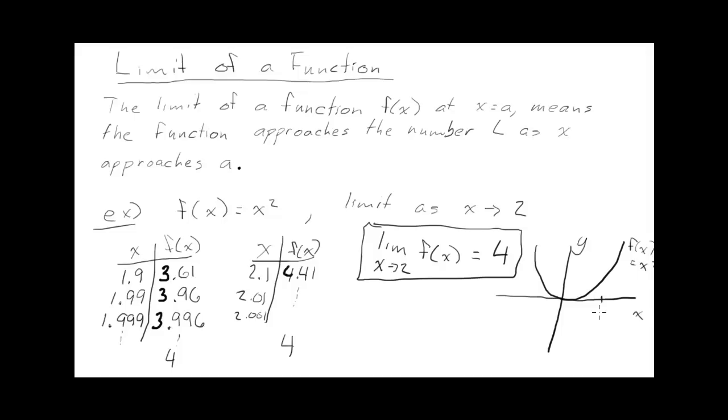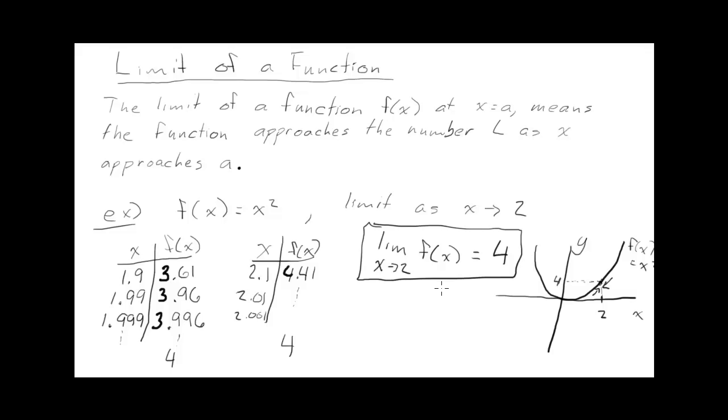When x is 2, f at x would be 4. So what we're thinking about is, as we approach 2 from this direction and this direction, what number are we approaching? We're approaching the number 4. In our definition, that's the L. L is equal to 4. So that's what we mean by limit.